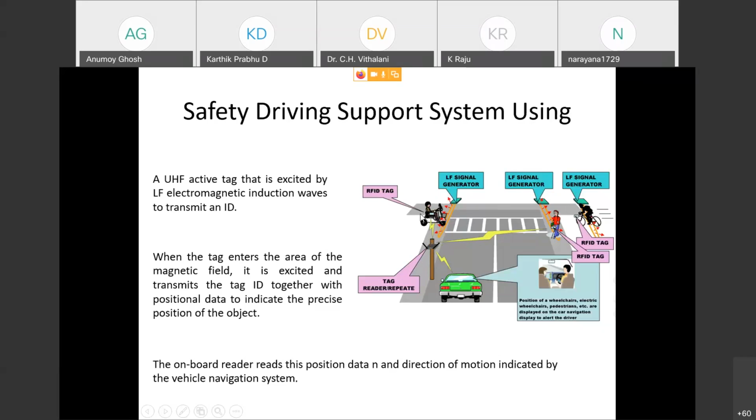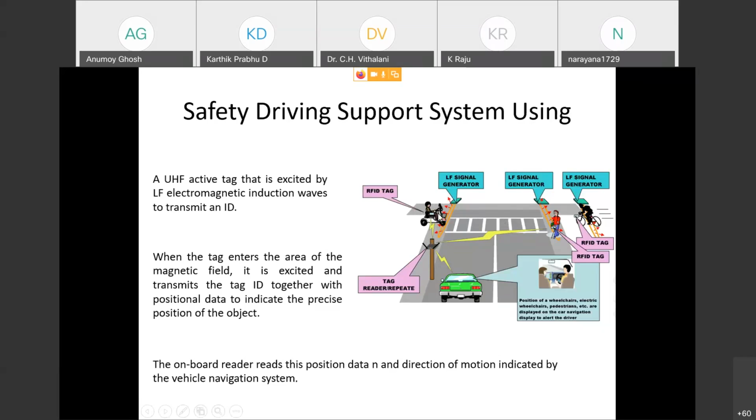Whenever any car or any pedestrian enters this region, as you remember, a low frequency system works as per Faraday's law of electromagnetic induction, that is, in the near field region.